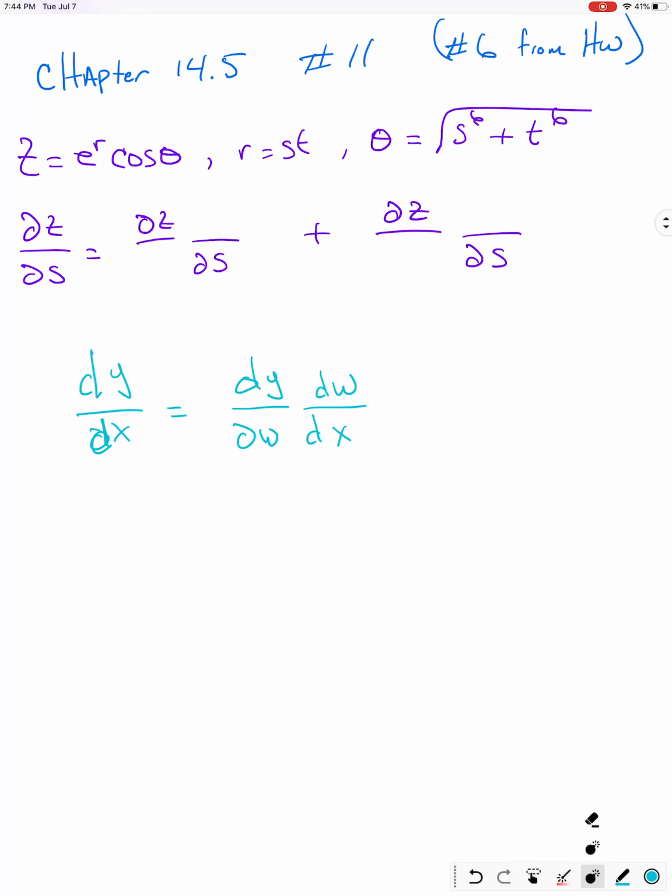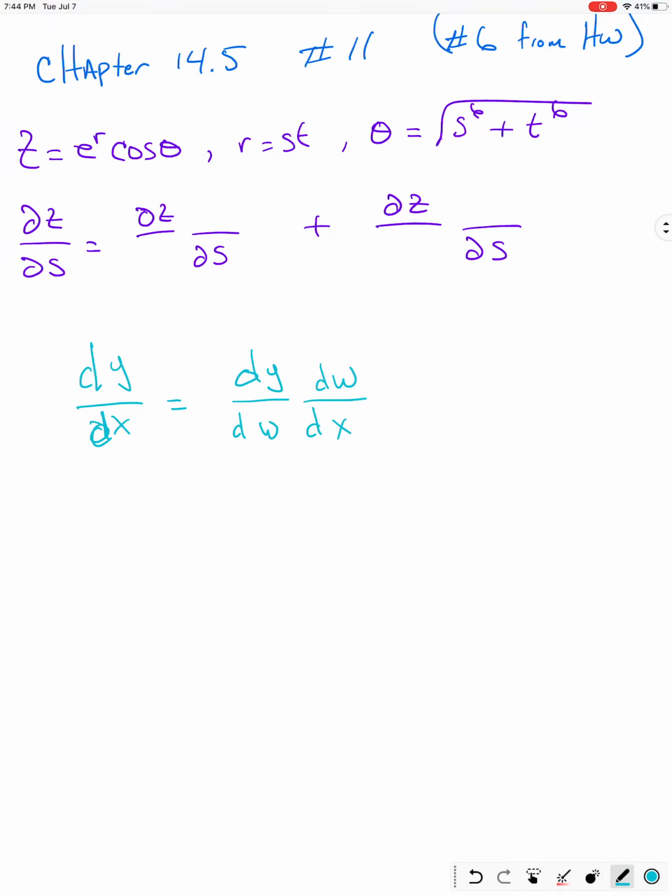That's what I did in Calc 1 with full derivatives. That was the chain rule, and this is why they call it the chain rule, because it makes chains. So we're going to do exactly the same thing up above here with the partial derivatives.